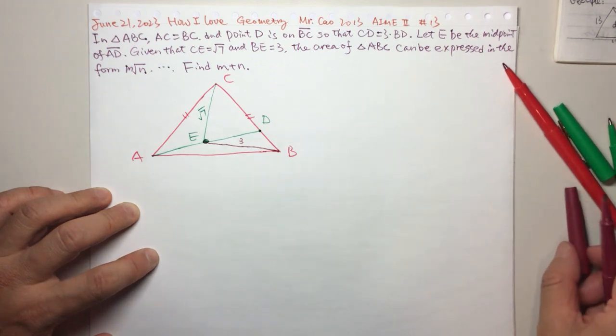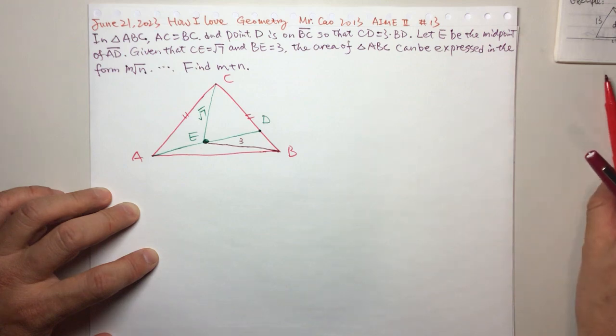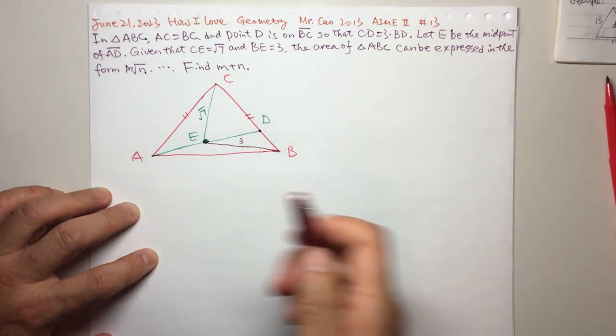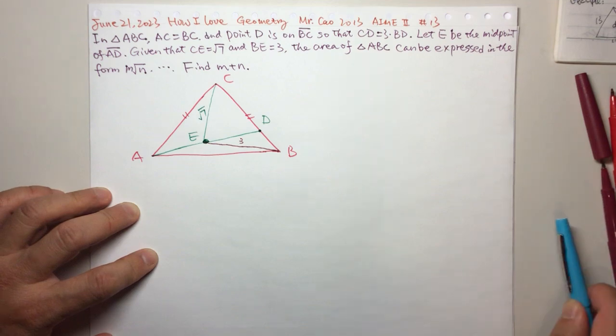So the area of triangle ABC can be expressed in the form... So let us find the area of triangle ABC, right?